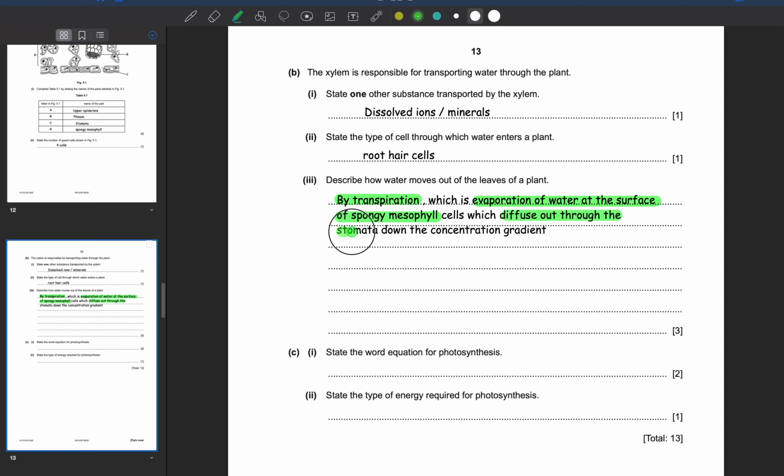I have diffuse out on its own, this is 1 mark. Let's clarify it. Diffuse out, this is 1 mark, and through the stomata another mark, down the concentration gradient another mark. So I have 1, 2, 3, 4 and 5.